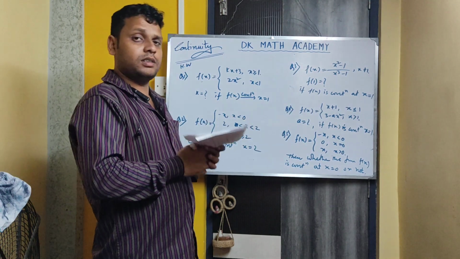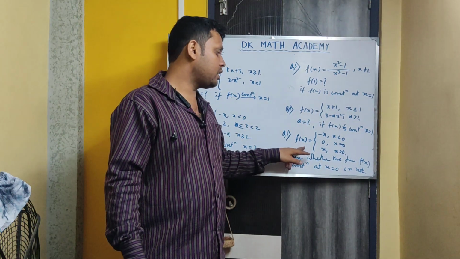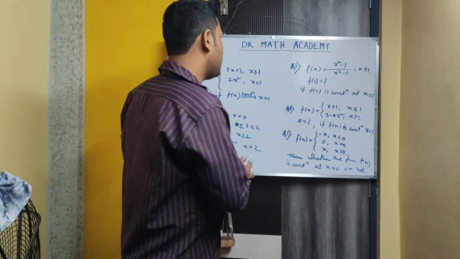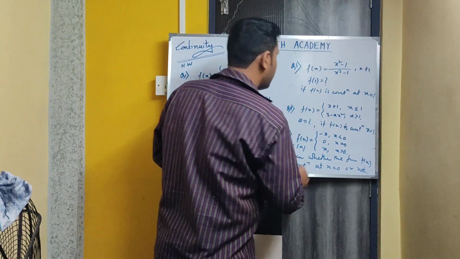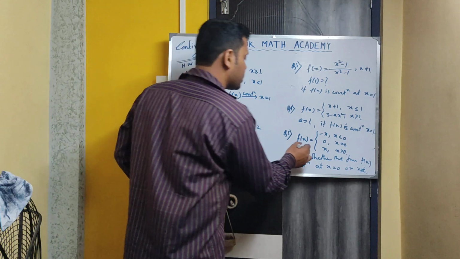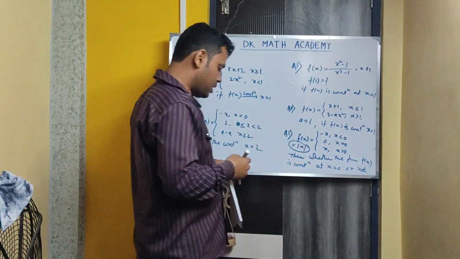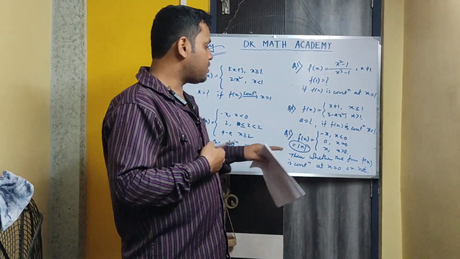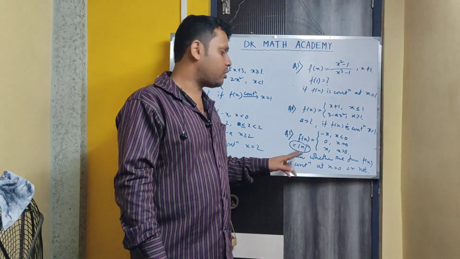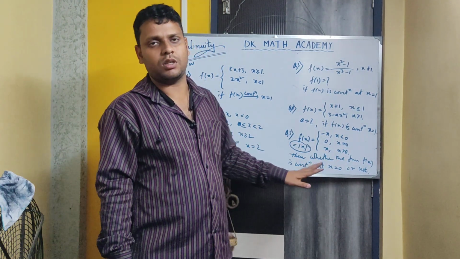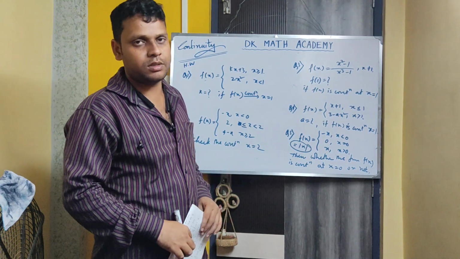See that this function is nothing but mod x. And the continuity of the function mod x we have already checked at the point x equals 0 in the previous problems.